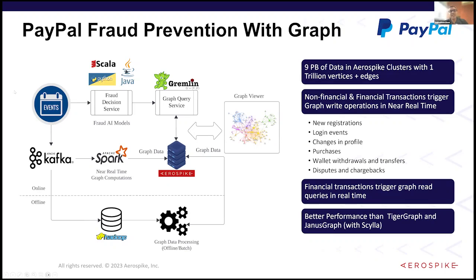Right. So I would like to summarize, from a graph perspective, this particular case study from PayPal. PayPal has been using Aerospike as a database for fraud detection for a number of years.